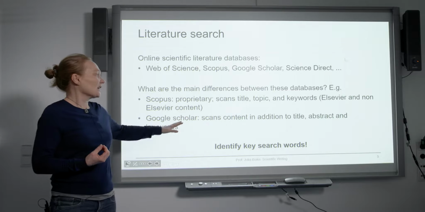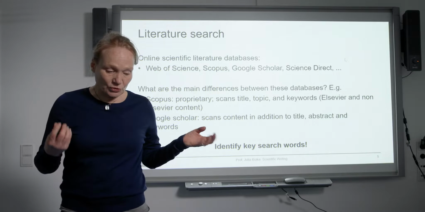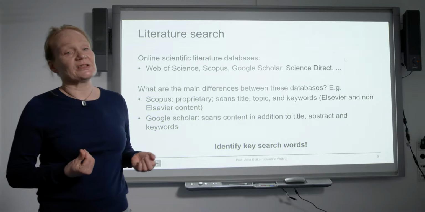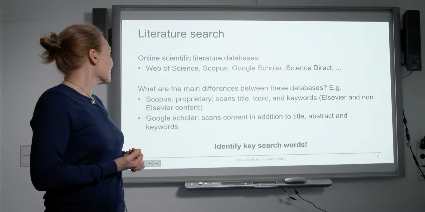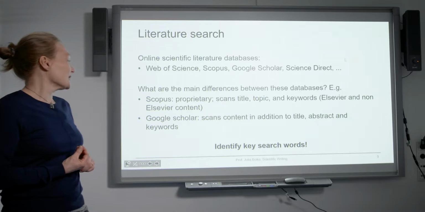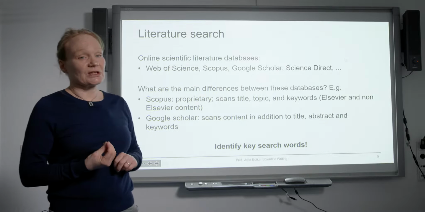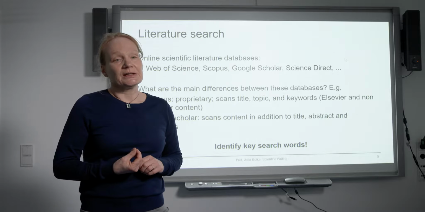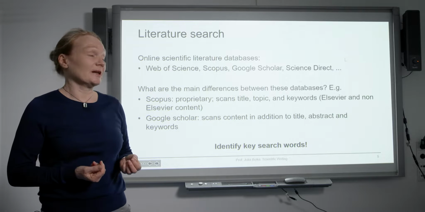You scan only title, topic, and keywords, and it is available to search the content provided by Elsevier and non-Elsevier. And Google Scholar, for example, is scanning the content in addition to title, abstract, and keywords. So it also scans the paper, for example, and it's available for basically everything that's published online.